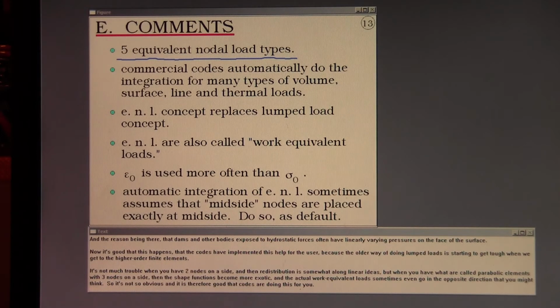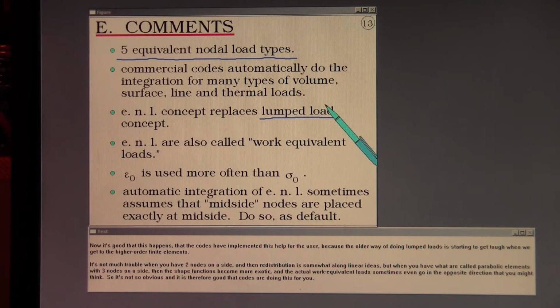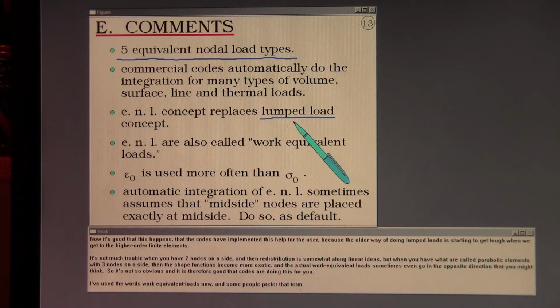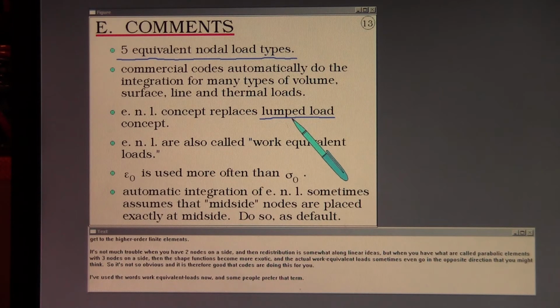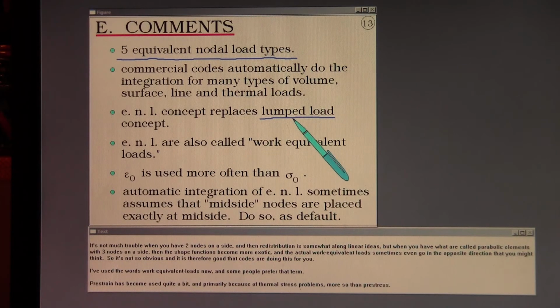Now, it's good that the codes have implemented this help for the user, because the older way of doing lumped loads is starting to get tough when we get to the higher order finite elements. It's not much trouble when you have 2 nodes on a side and the redistribution is somewhat along linear ideas. But when you have what are called parabolic elements with 3 nodes on a side, then the shape functions become more exotic, and the actual work equivalent loads sometimes even go in the opposite direction than you might think.